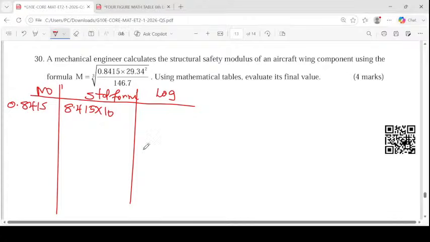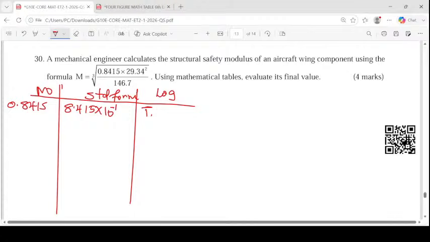The negative 1 is going to become what is called the characteristic in our log. The power becomes the characteristic. I hope you are relating that. Because it is power negative 1, it will become bar 1 point.